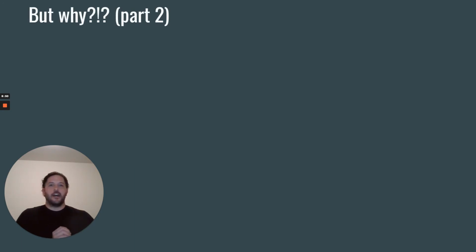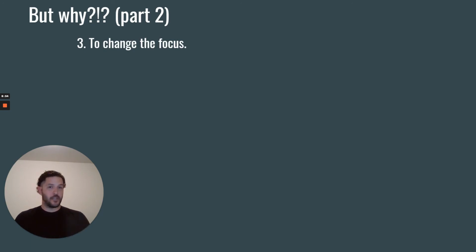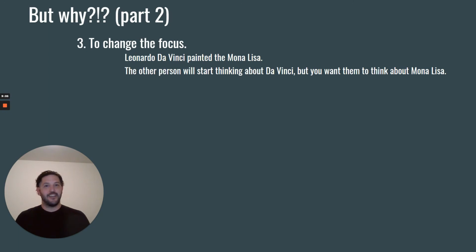The third reason we use the passive voice is to change the focus of a sentence. For example, Leonardo da Vinci painted the Mona Lisa. When you say this, the other person will start thinking about Da Vinci, but you want them to think about Mona Lisa.